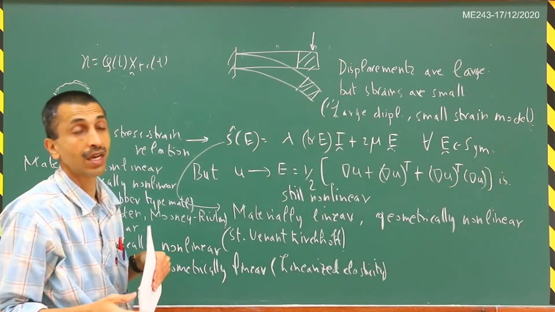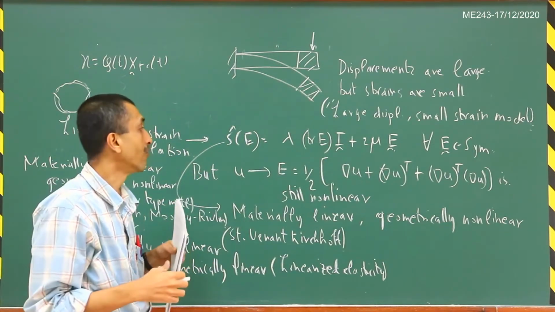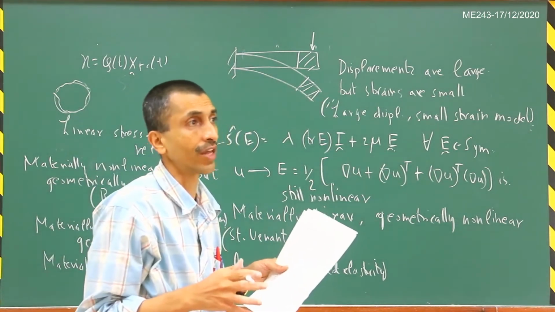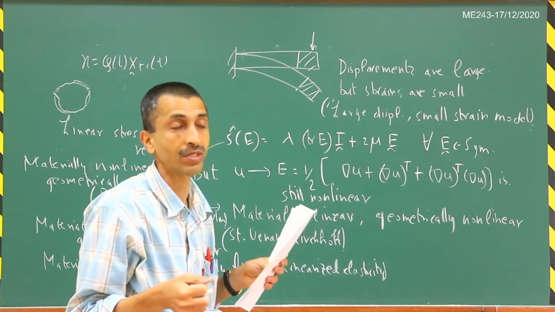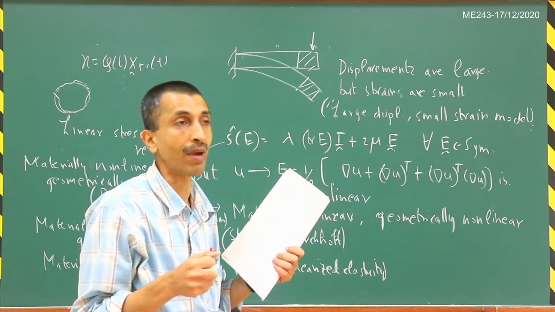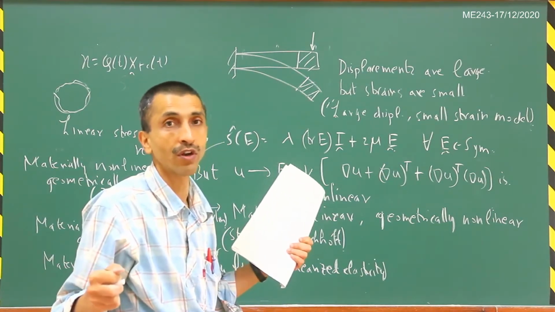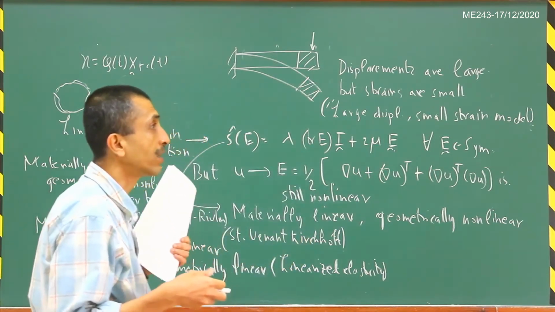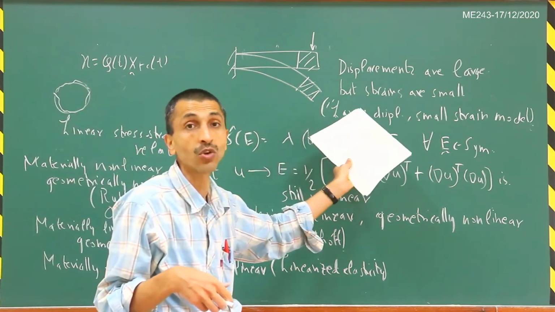Then even the Saint Venant-Kirchhoff material model is not appropriate when the deformations, that means the strains themselves, are large. For example, that is what happens in a rubber type of material. Suppose you take a rubber band and stretch it, you can get elongations of the order of 200%, 300%, easily. In those cases, the use of the Saint Venant-Kirchhoff material is also inappropriate.